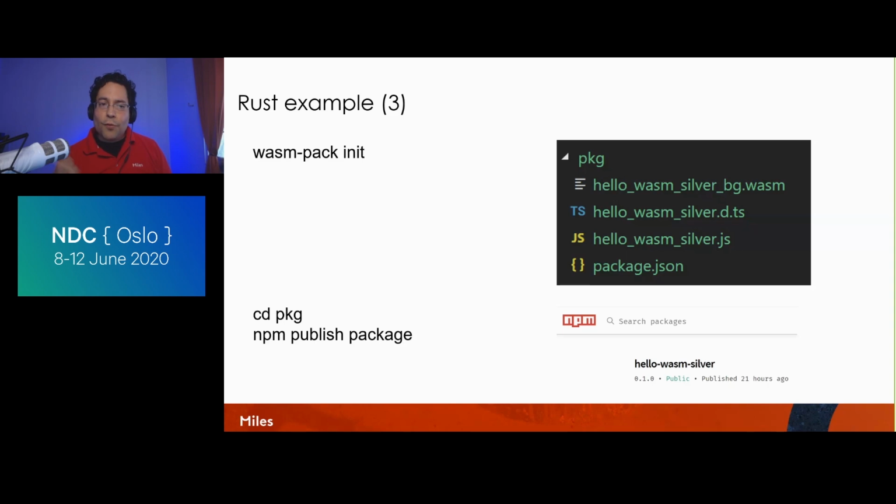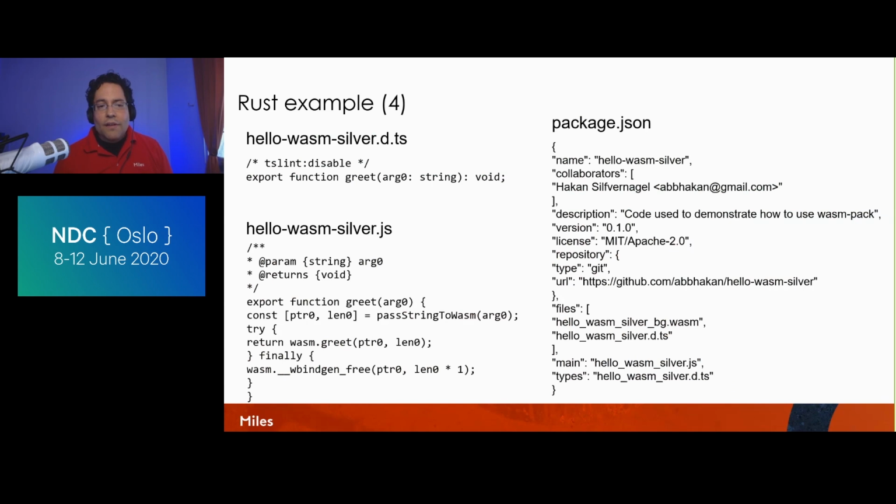We'll have a quick look here at what has been generated into our package folder. You can see here that there are 4 different files. The first file is a TypeScript file. In this TypeScript file, it's declared what the different types of functions are that we will be able to call from JavaScript.